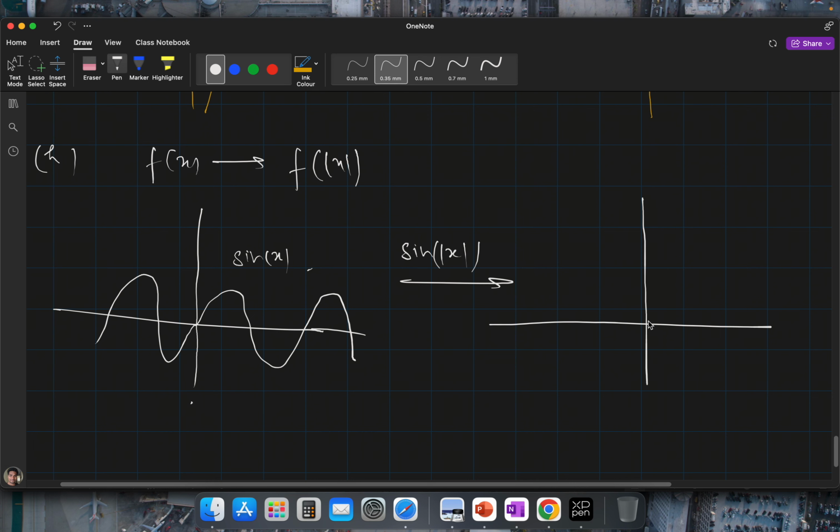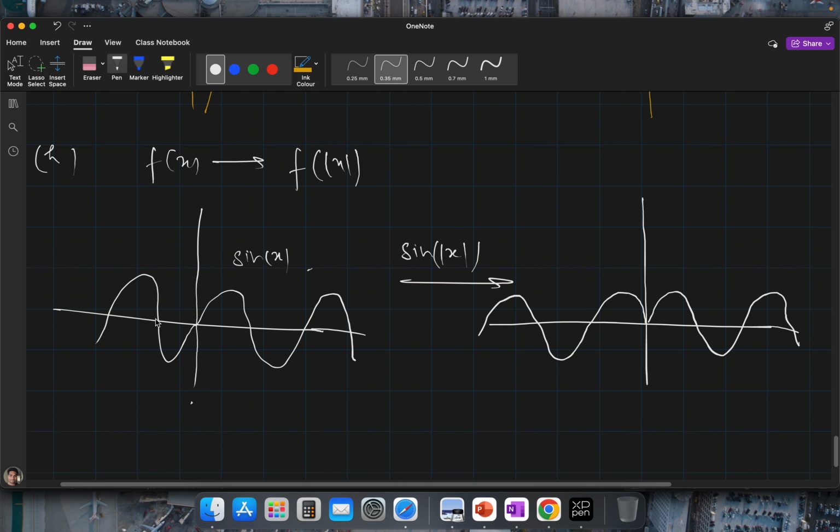So the positive side will remain the same, but this portion will not remain the same.